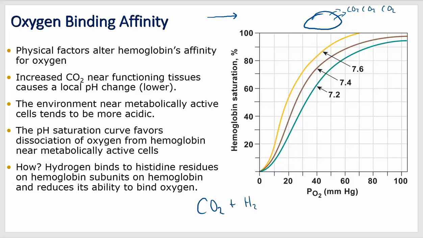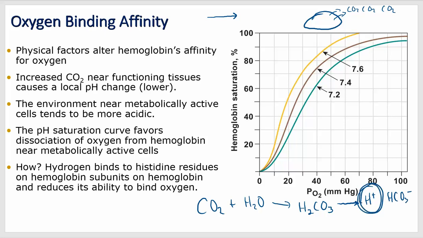It reacts with water, and it forms something called, I always have to count my molecules when I do this, carbonic acid. And that carbonic acid is converted to hydrogen and bicarbonate, HCO3 minus.